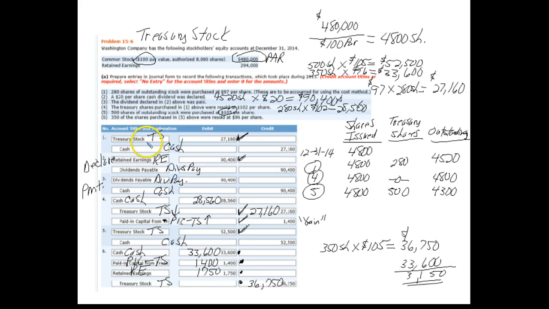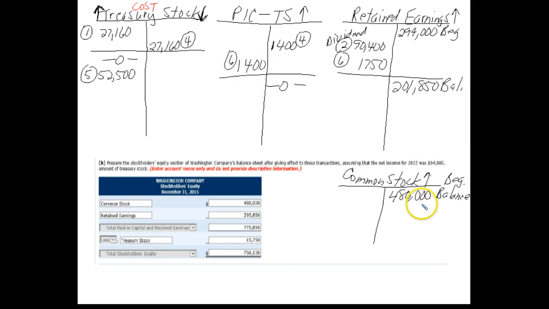Now, I also want us to take a peek at all of these transactions. We did not make a journal entry to the common stock account, so that balance has just stayed there the whole time. Okay, so now they want at the end of 2015 to schedule out the stockholders' equity section of the balance sheet.